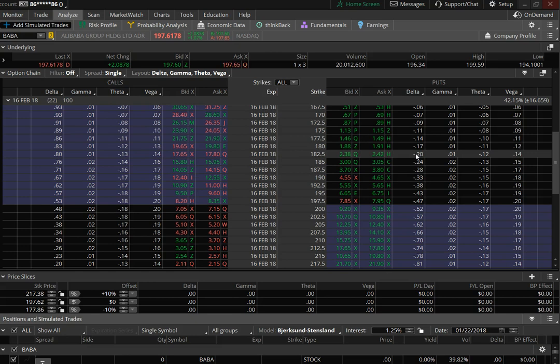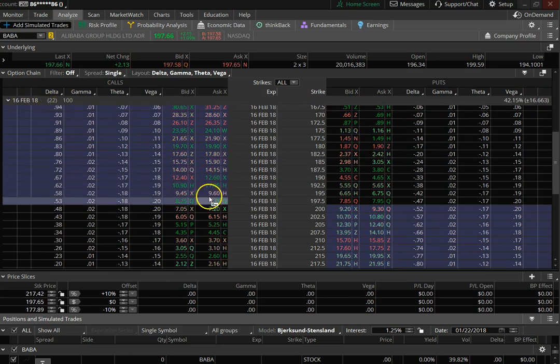But what about an option buyer? Well, if I'm an option buyer and I see an implied move of $16 plus or minus in 22 days, by February 18th, I could simply buy the 197.50 call for $8.30, with the idea that 68% of the time this market is going to stay within $16 of a move.